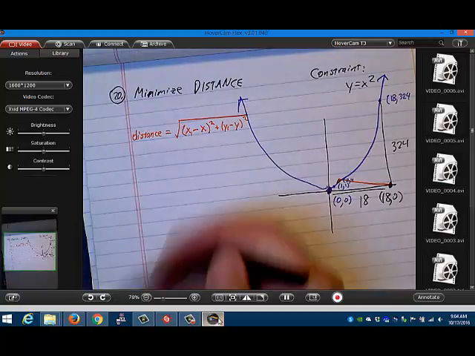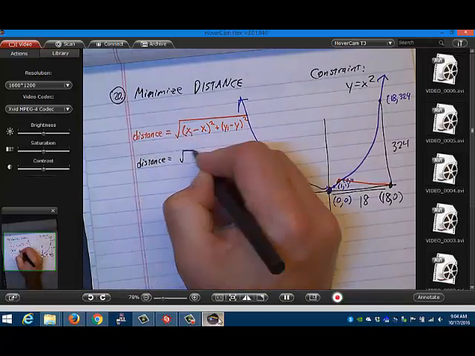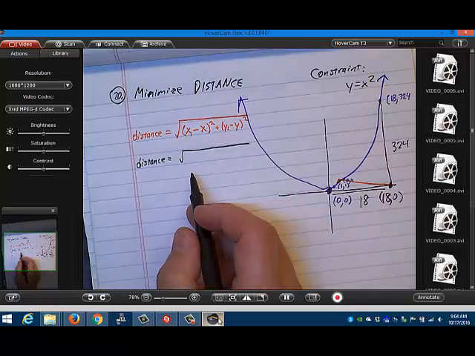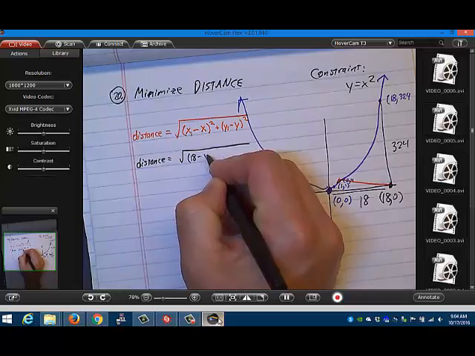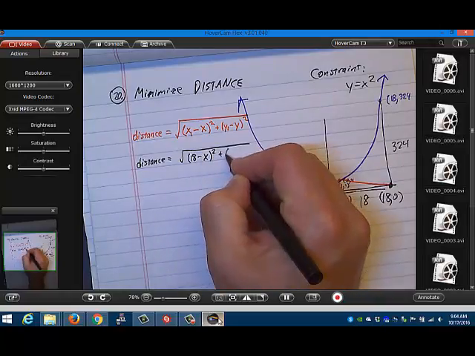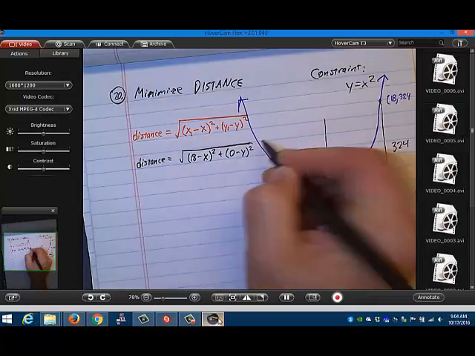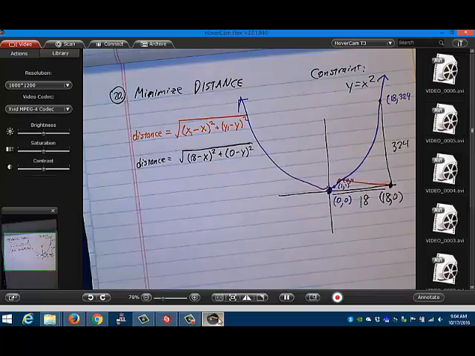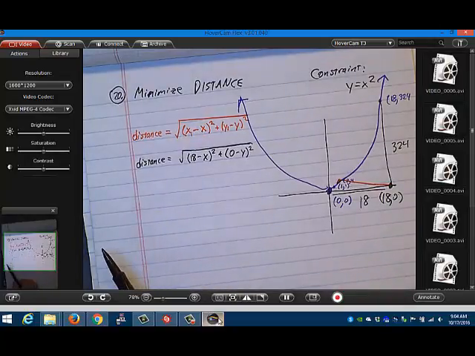We're going to say distance is equal to the square root of 18 minus x squared plus 0 minus y squared. Does that make sense to you guys? Because point number 1 is 18 comma 0. That point's never going to change, right? Point number 2 is going to change, so I'm going to call it x and y.